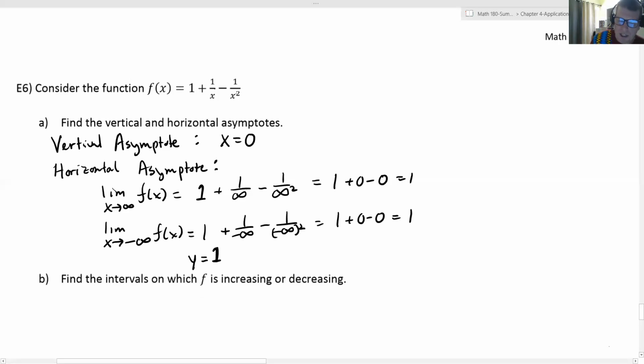Now, the next question is to find the intervals on which f is increasing or decreasing. Consider what we did before, and I'm going to let you do that. First, how about we start out with finding the critical numbers. I'll give you about 5 minutes to do that. So find the critical numbers first.